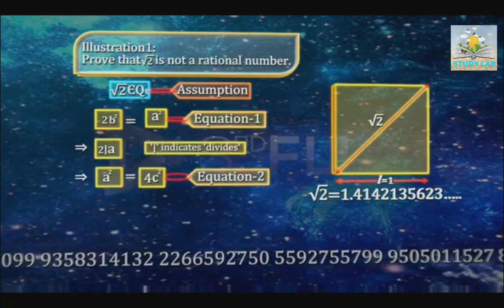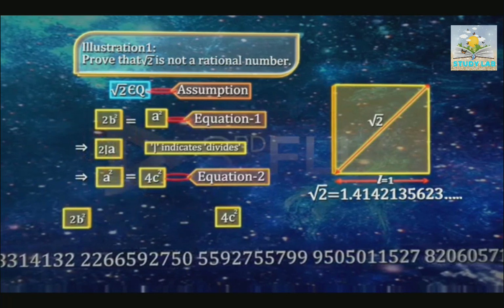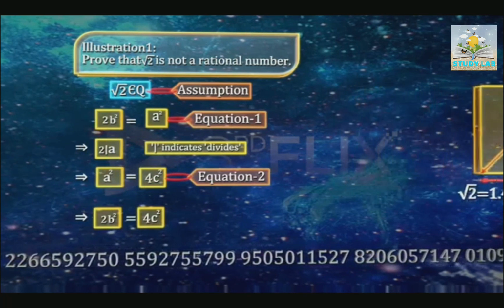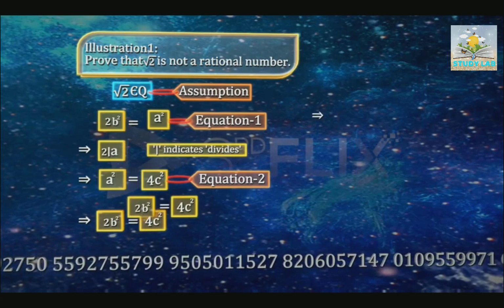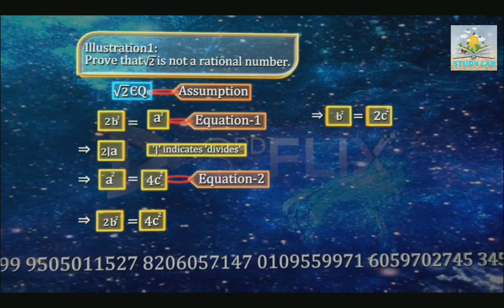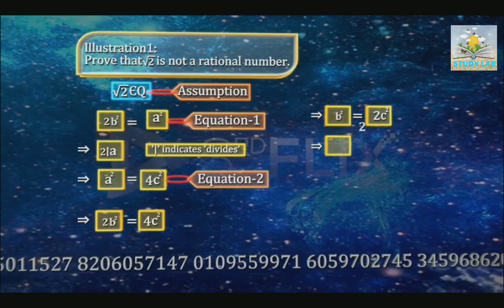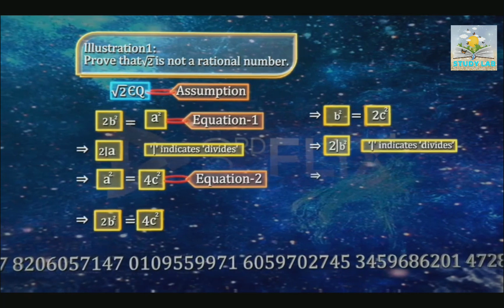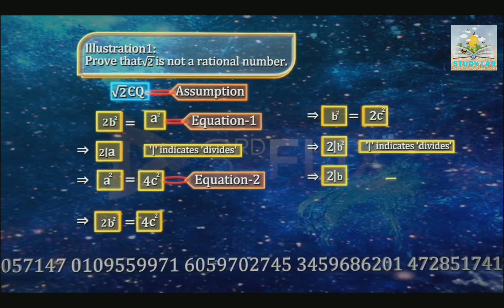Now from 1 and 2 we get 2b square is equal to 4c square, implies we get b square is equal to 2c square, implies 2 divides b square implies 2 divides b.